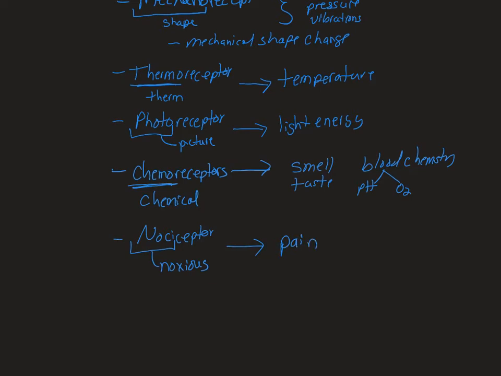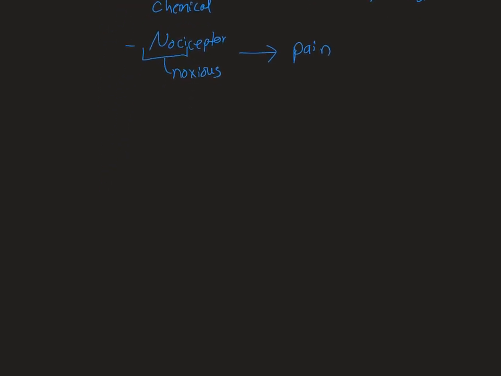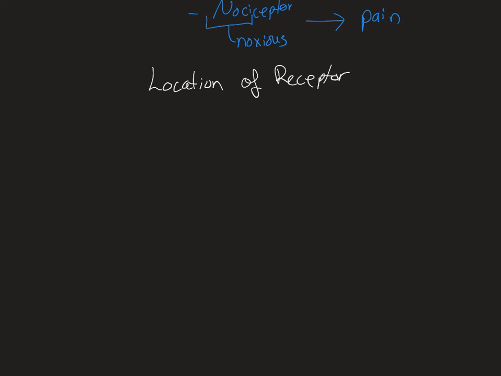All right, actually let's look at location next. We can also classify sensory receptors based on the location of the receptor. There are basically three broad categories, which are actually kind of subcategories.